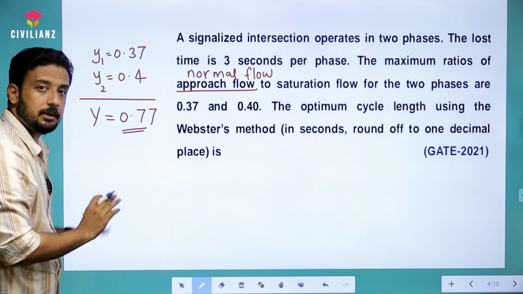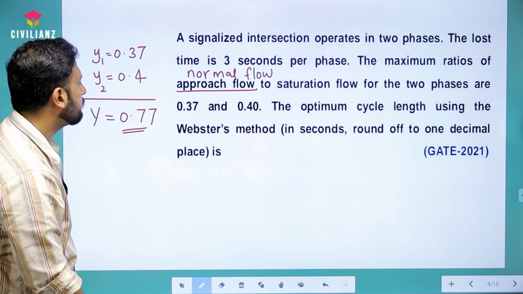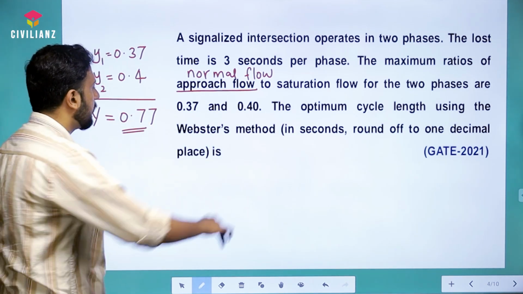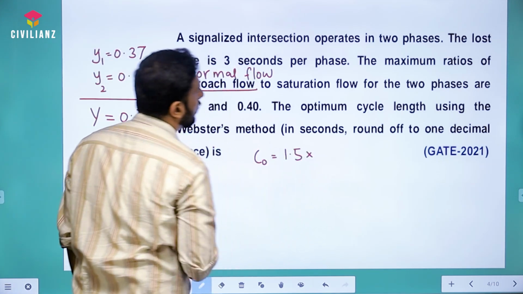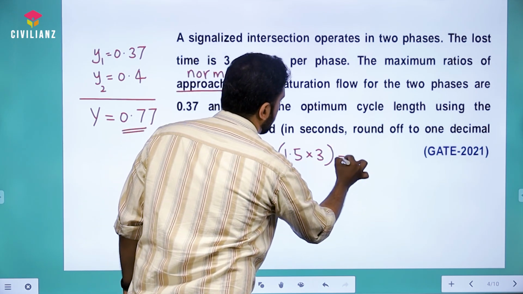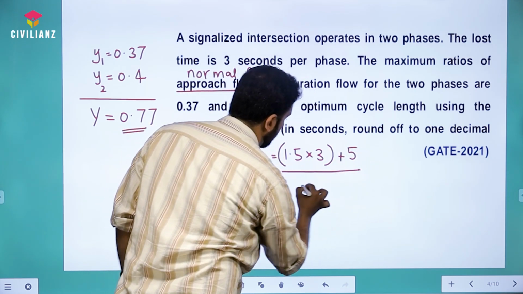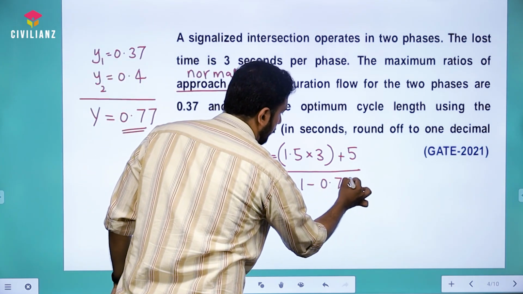We got it, let it be there, but this is not the question. What is the question? The optimum cycle length using Webster's method. Now, C0 is equal to 1.5 L plus 5 divided by 1 minus Y, with L as 3 seconds. How much is capital Y? 0.77, we have already calculated.